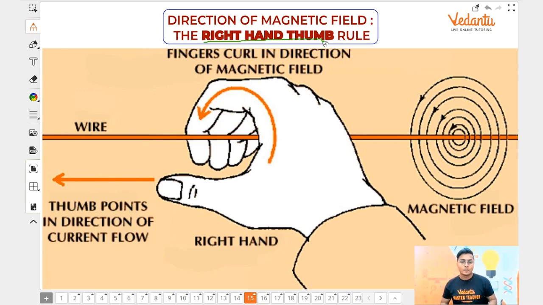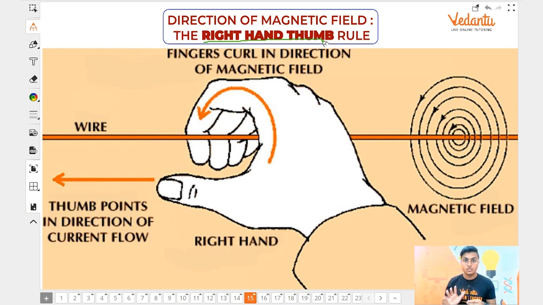Now, right hand thumb rule. It says a very interesting thing, which you can see in front of you as well. If I take a wire, imagining that the current is moving in the upward direction, I will take my right hand, perfectly a right hand.